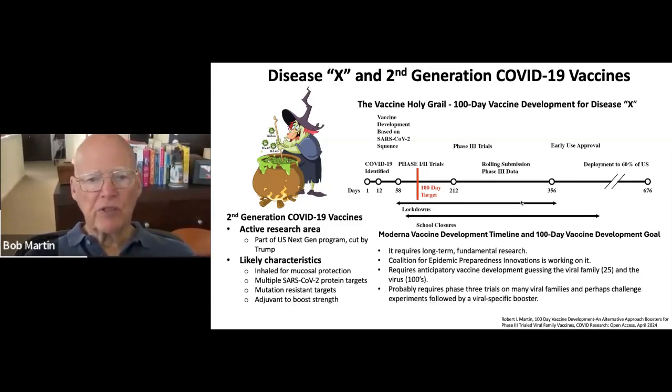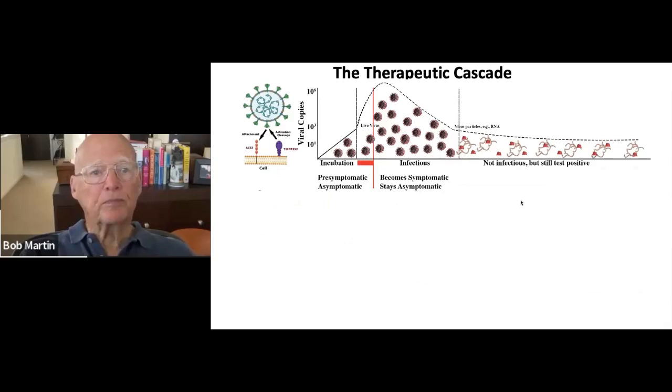Requires long-term research. People are working on it. I think it requires anticipatory development, guessing the viral family, and then doing the phase 3 trial now. So all you need is a booster, which can be trialed in a few weeks.